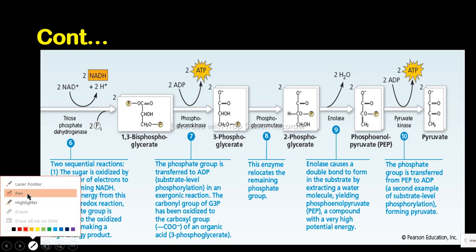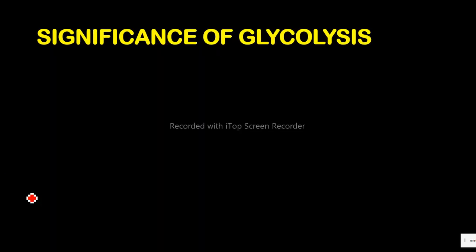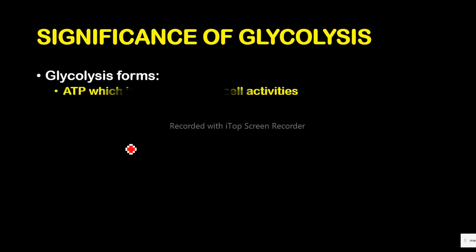Now the next is, what are the products of glycolysis, or what is the significance of glycolysis as a process? Number one, it's going to give you your ATP, because we have seen that we invest two ATP molecules.